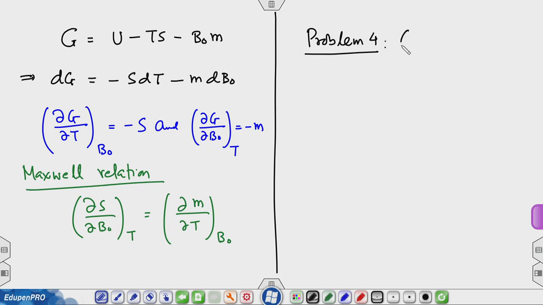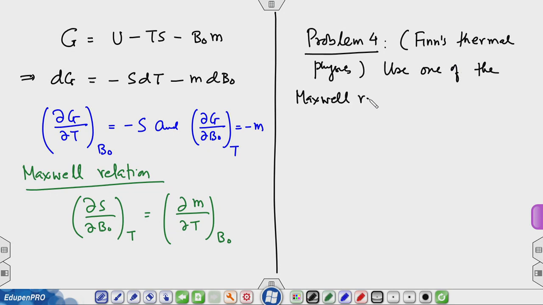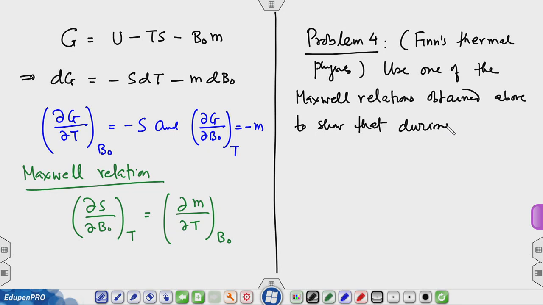So, we are going to say this is from Finn's thermal physics, and it says use one of the Maxwell relations obtained above to show that during an isothermal and reversible magnetization.